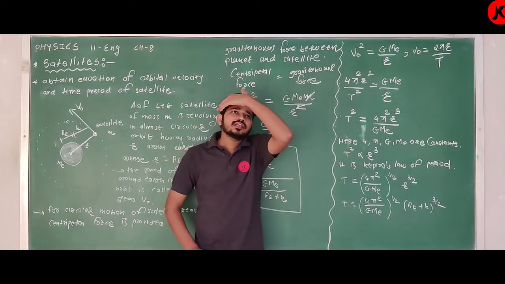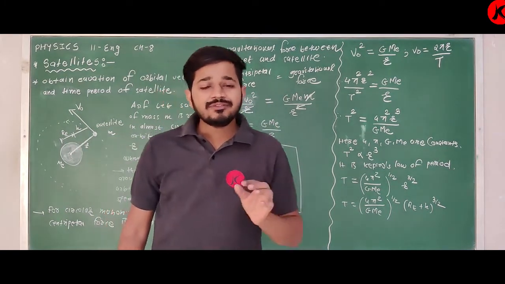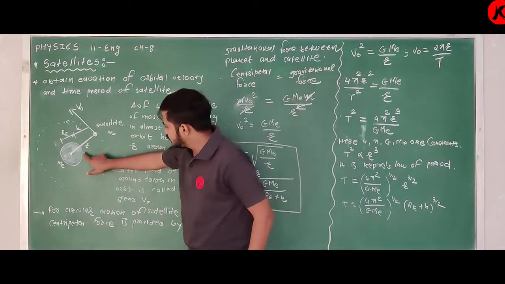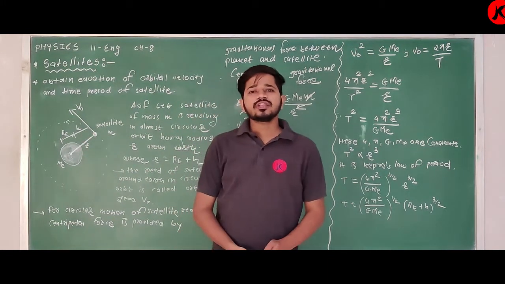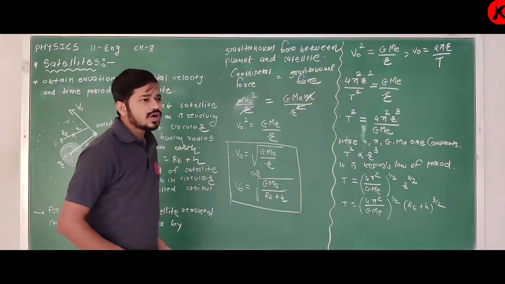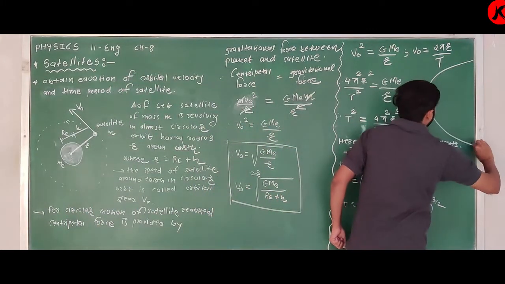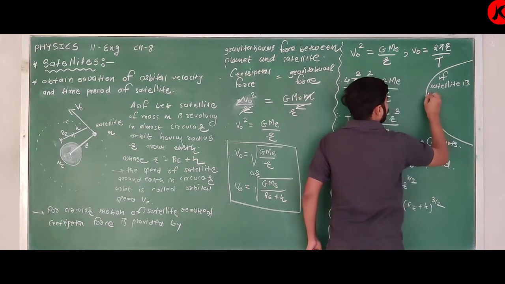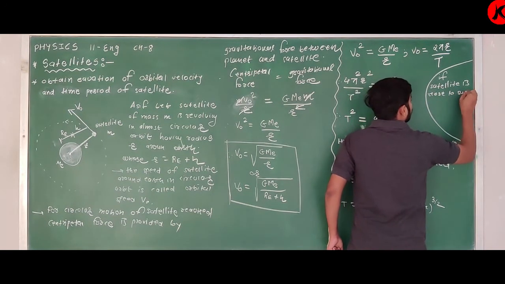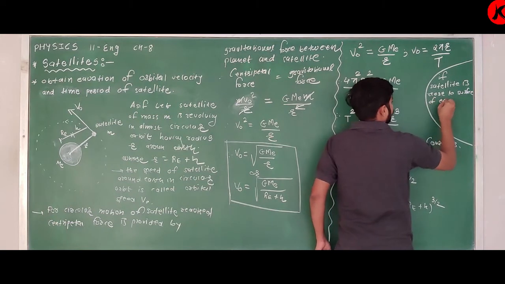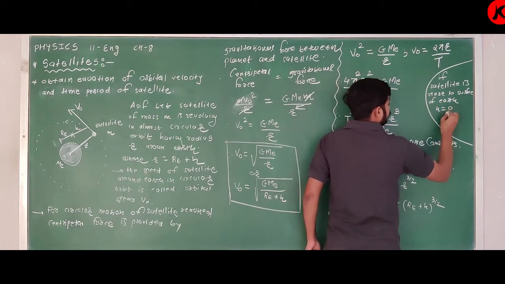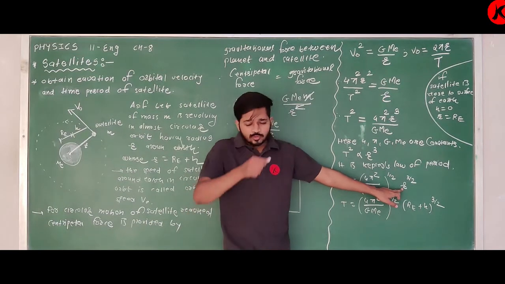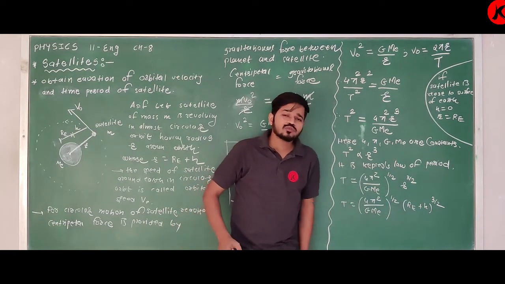If you are given that the satellite is very close to the surface of Earth, then h is equal to 0, or you can say r is equal to R. So I will write here an extra point: if the satellite is very close to the surface of Earth, simply h is equal to 0, or r is equal to R. In this equation you have to put r is equal to R, or h is equal to 0.